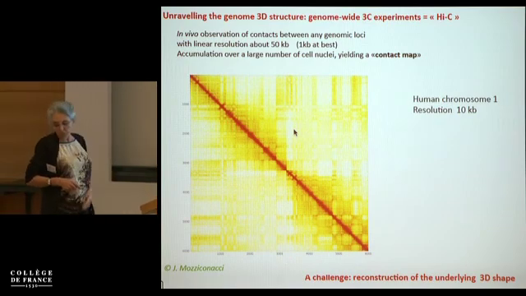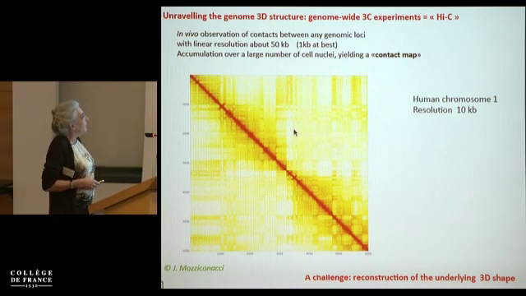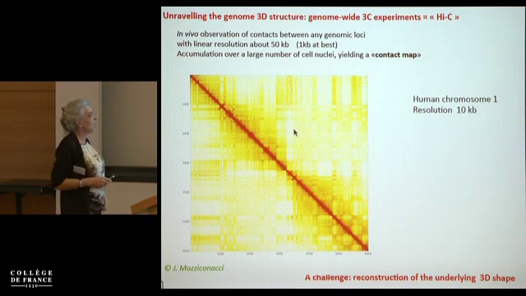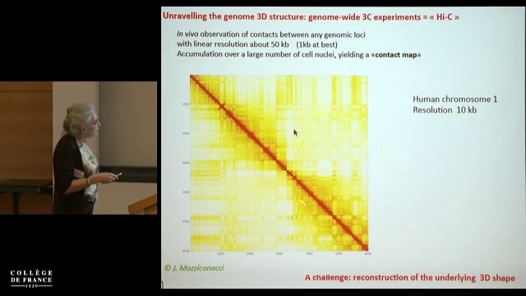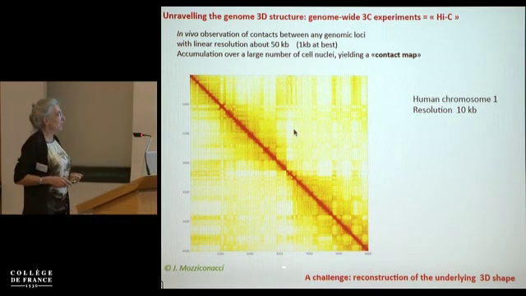But perhaps, if it is the first time you are seeing such a map, it is not really a visual view of the 3D shape of the genome. So we would like, to complement the statistical analysis of motifs in such maps, to really see the underlying 3D shape of the genome.